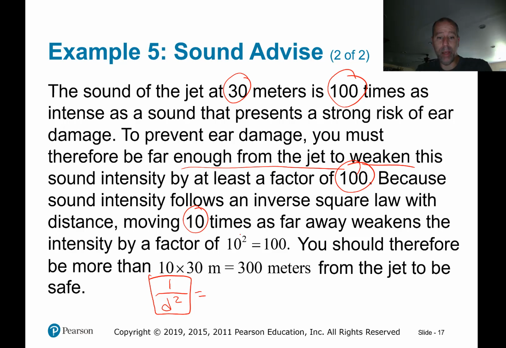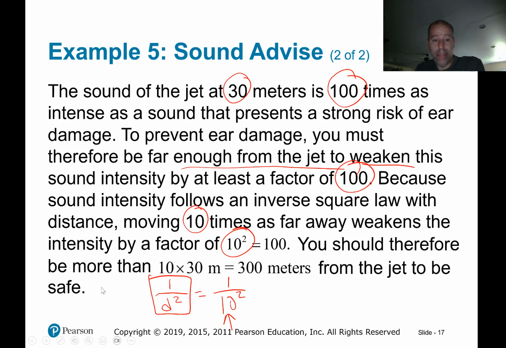By doing that, we're going to use the fact that 100 is equal to 10 squared. And so in this case, 1 over 10 squared means the distance is going to be 10 times as far.